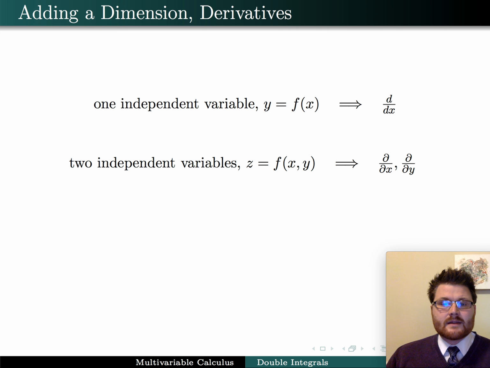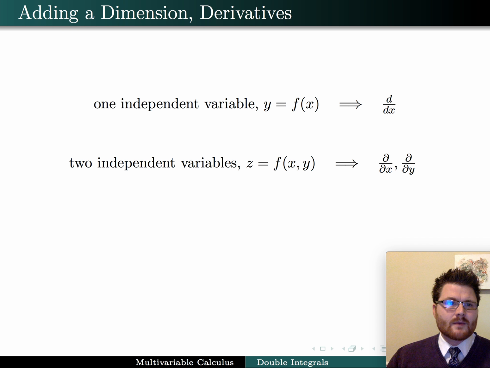Instead of just the derivative, we had two different partial derivatives, one for each coordinate direction you could head in. We could use that to look at derivatives in any direction, but these two form a basis for that. So instead of just one derivative, we've got two partial derivatives.